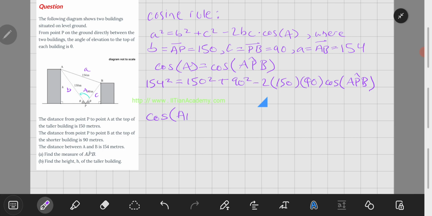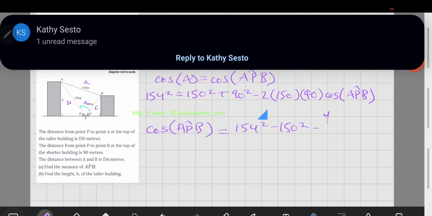which would then be, we took some steps to do this, like subtracting 150 squared and 90 squared from both sides, as well as dividing by -2 times 150 times 90. We should get the following.